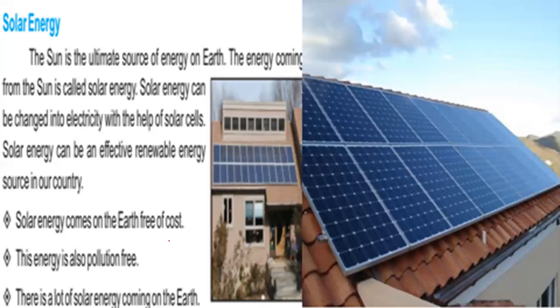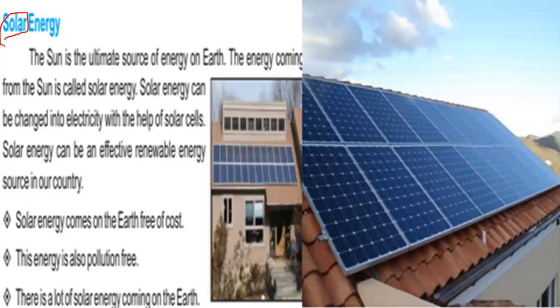Here we will talk about another very important energy source, that is called solar energy. Solar comes from the word sun, so it means the sun's energy. We know that the sun is the ultimate source of energy on the earth. It gives us not only light energy but also heat energy.